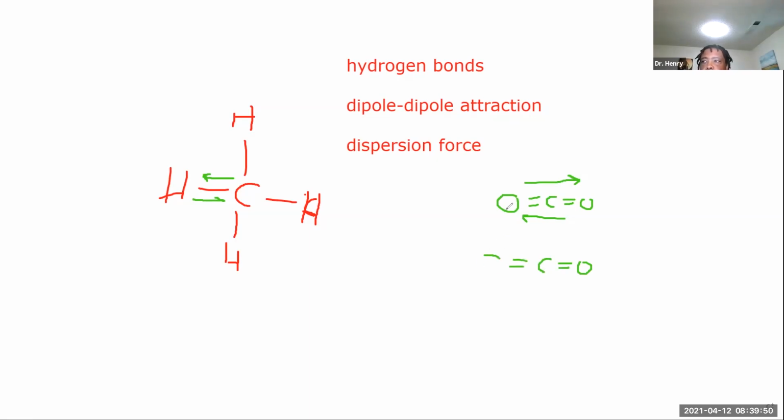Now, if this one is going in this direction and this one is going in that direction, they're going to be slightly attracted to each other for just that moment until they start going back the other way. But they're still going to have some type of attraction, a weak attraction. Does that make sense? Yeah. Okay.